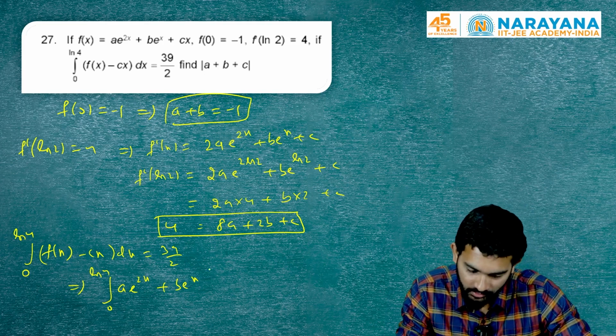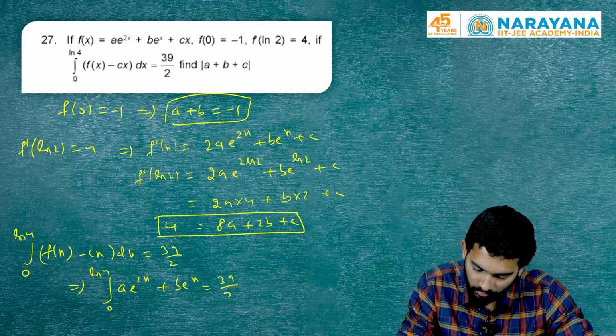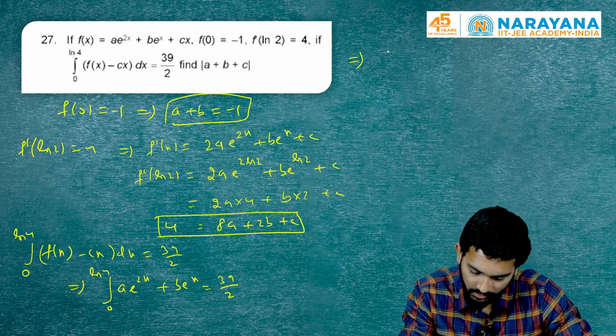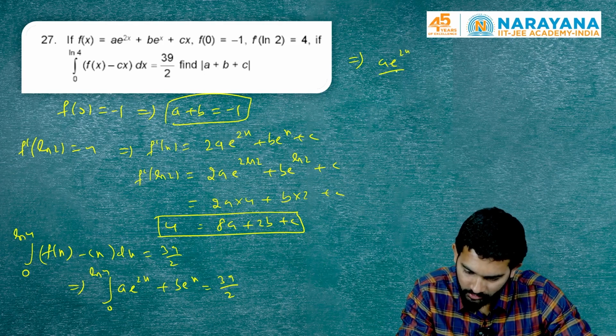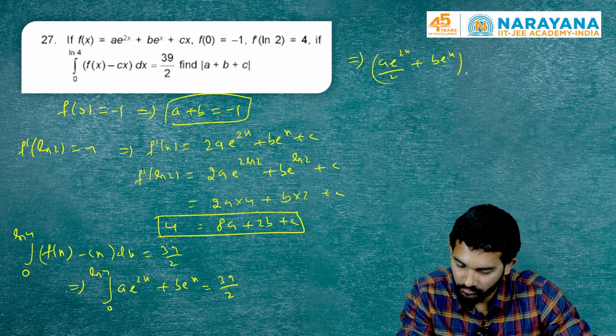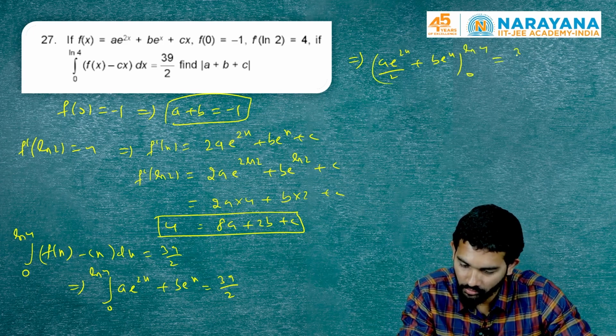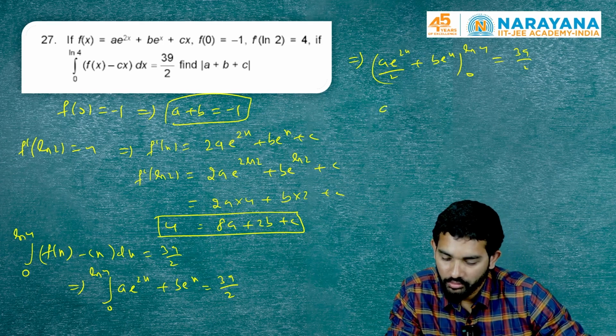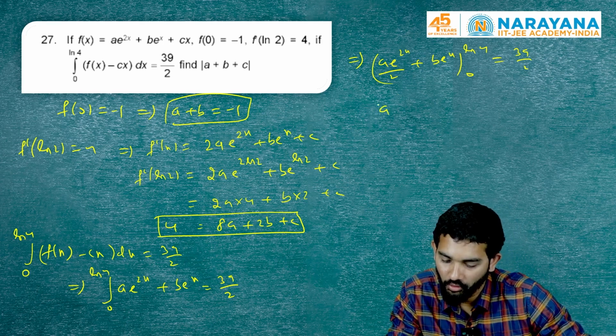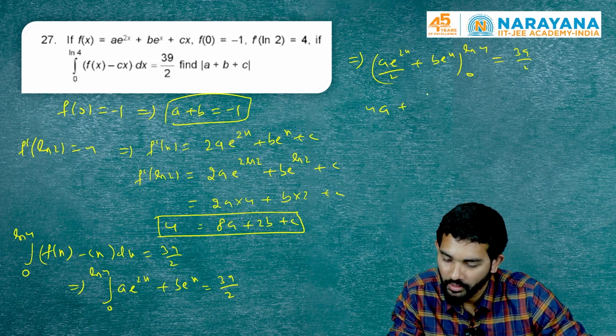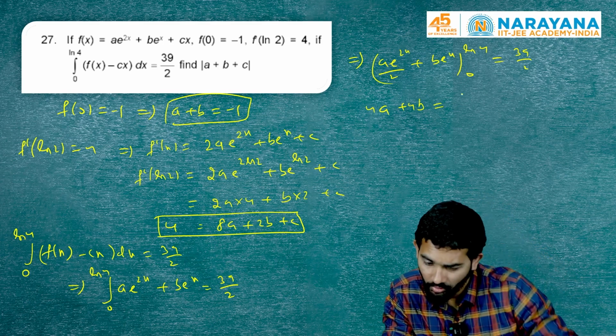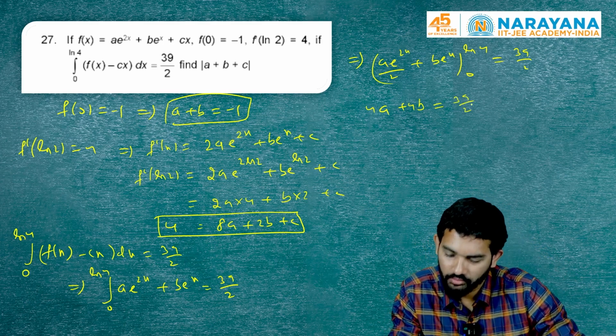So if I integrate this, a e power 2x by 2 plus b e power x from 0 to ln 4 equal to 39 by 2. So this will be 2 ln 4, e power ln 8. So 8a by 2, 4a, plus this will be 4b, is equal to 39 by 2.